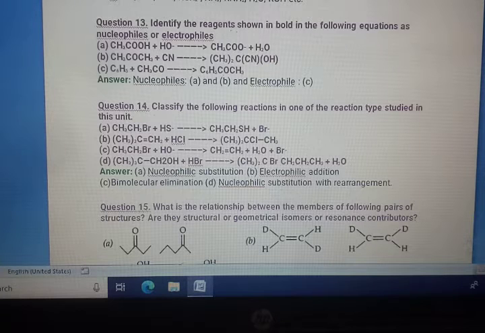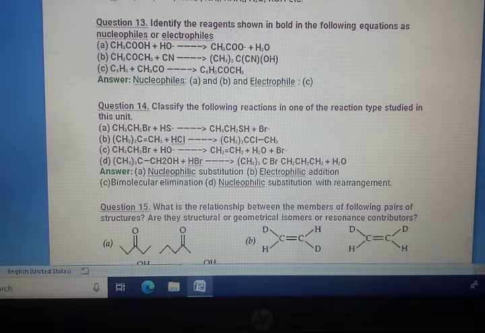Then CH3COCH3, propanone: this propanone will break and the cyanide group will attach, and again the negative charge will be there, so both of these are nucleophiles. And in C6H5COCH3, it has a positive charge on it, so that carbon is an electrophile.